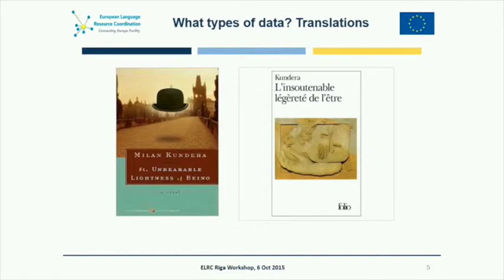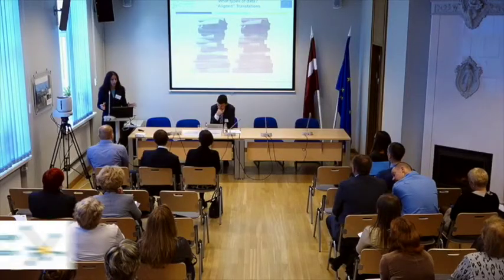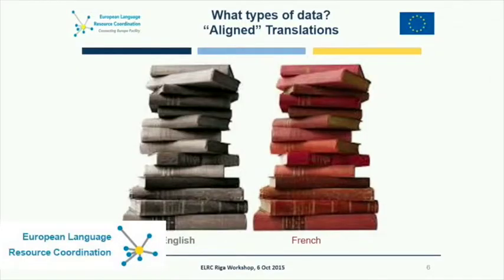We have an example in English and in French. What we say in technical terms is we need aligned translations. So that means, just expressed in pictures, that one unit corresponds to another unit in the target language.